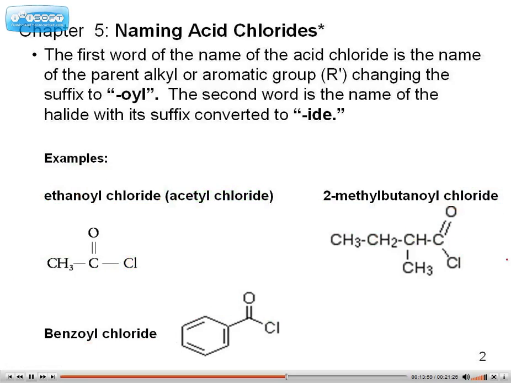Careful, I could make this more difficult on you. If I wanted to, I could add in another halogen branch. So let's say, for argument's sake, I added in a fluorine, and it's on carbon 3.